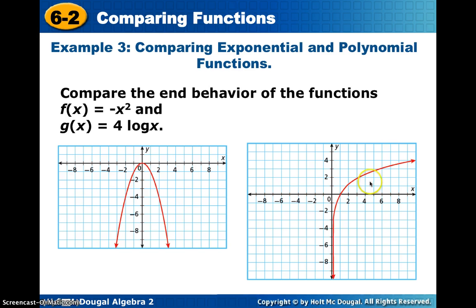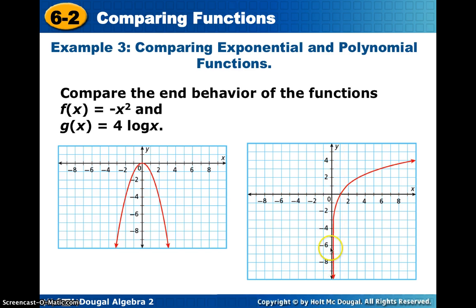Okay. On this one, this function is more interesting because, for x going to positive infinity, I can see that the function is going up, right? It's going to continue to go up to positive infinity. So positive infinity to positive infinity. However, this function is only getting closer and closer to y equals 0. It has an asymptote right here at y equals 0.